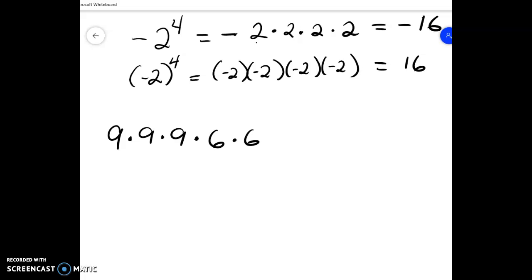So these are different bases. I've got 9. So what's my exponent here? I count 1, 2, 3. So it'd be 9 cubed. I can't write 9 to the 5th because these are different bases. So this is 6 squared. There's 1, 2 of them. And then I put the little dot in between to indicate multiplication.